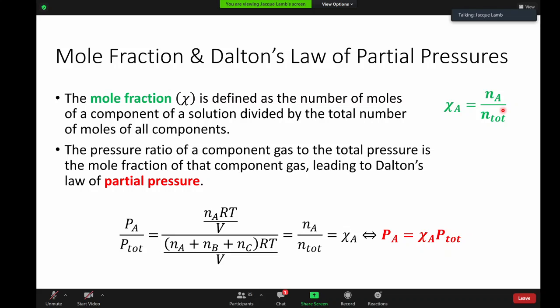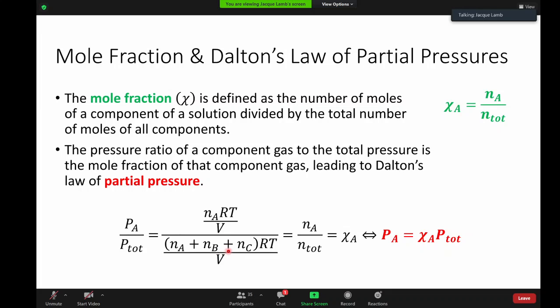For gases then, remember that moles is proportional to the partial pressure. So we can say that the partial pressure of a component A compared to the total pressure is equal to this rather complex equation, which is just saying the number of moles of A divided by the total moles.